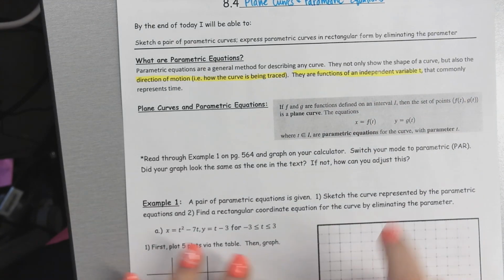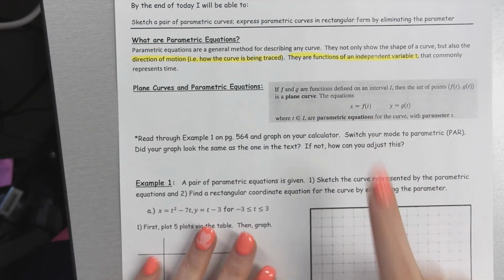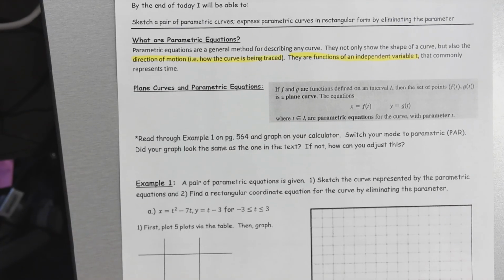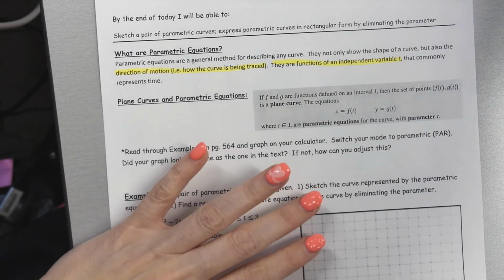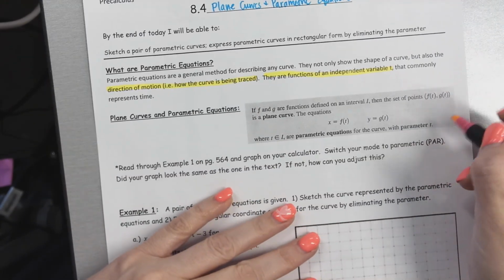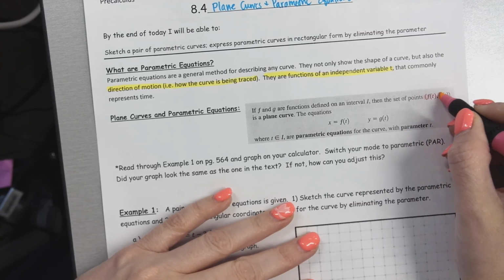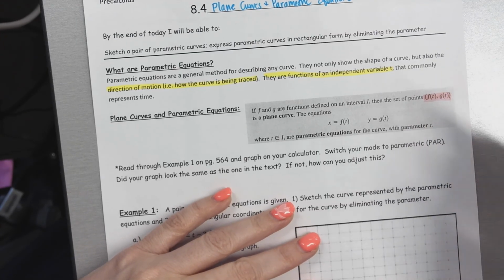Okay, so this is taken from your textbook, the information box on parametric equations. So if you have f and g that are functions defined on an interval, they are going to create a set of points. Okay, the set of points are formed by plugging in t.